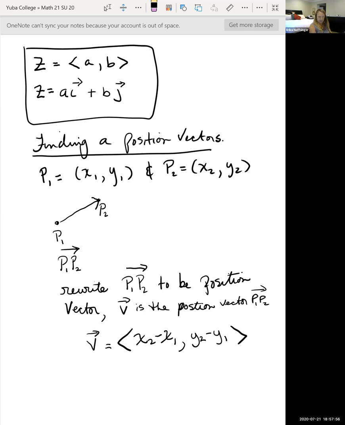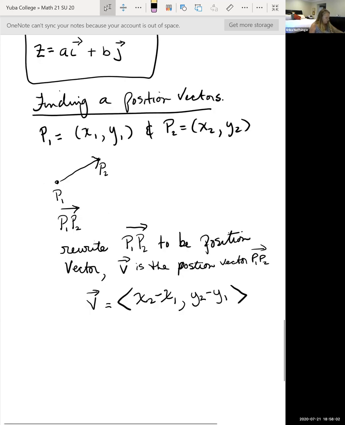Okay, so let's pull some examples out. The vector v has initial point P and a terminal point Q. Find the position vector, that is, express v in the form of ai plus bj.